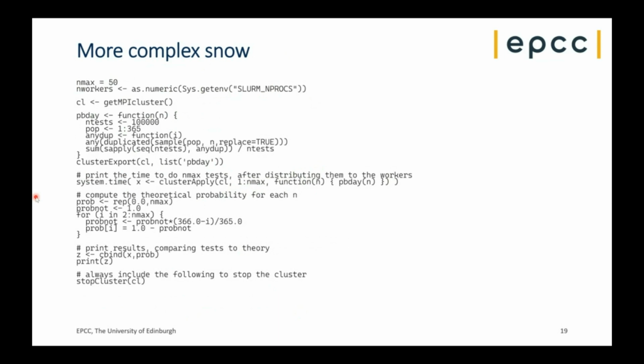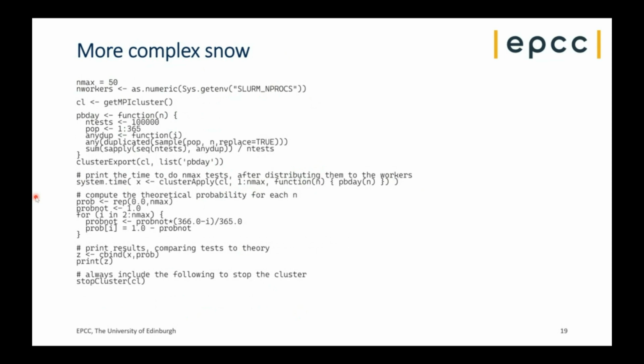But you have that kind of control to do the distribution and parallelization of work yourself. And this means that you can split up different bits of work in different ways. You can potentially have different levels of parallelism going on in here.